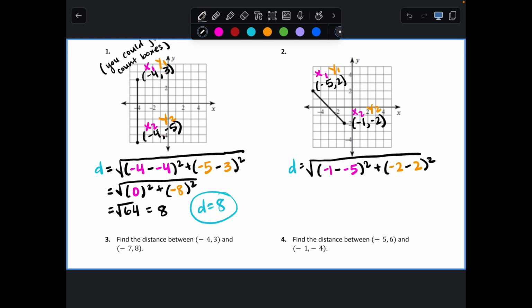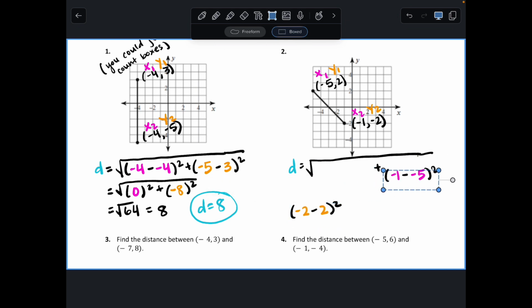Now, the order of these, because we're adding, does not matter. I could do the y's first and the x's second. The order that you do that part in doesn't matter because you're adding, so it won't change the answer.